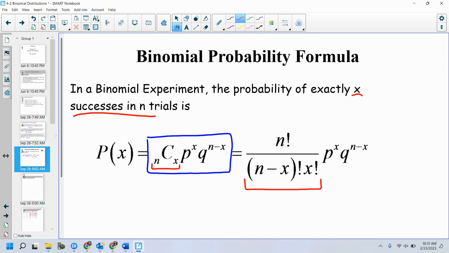N minus x. So what am I meaning there? Well, the probability of success raised to the power of how many times I want that success to happen, times the probability of failure to the power of the number of times that I'm expecting a failure. Okay? So how does this work?